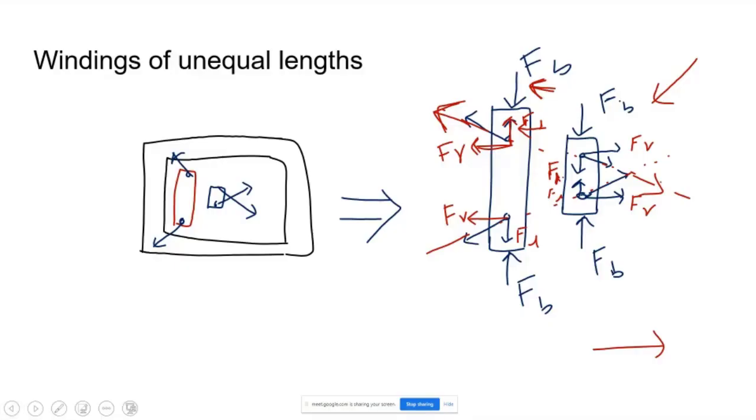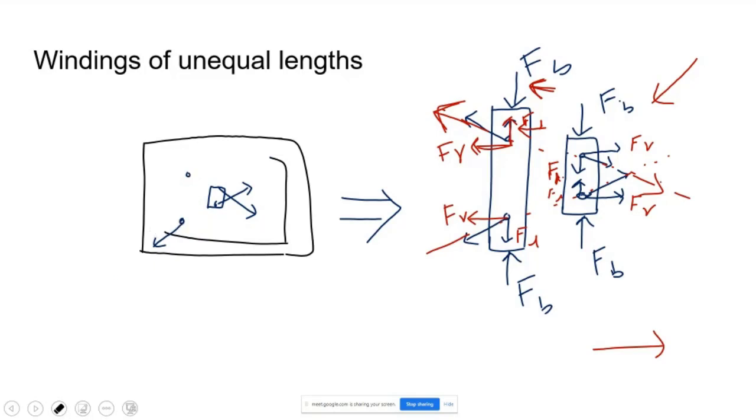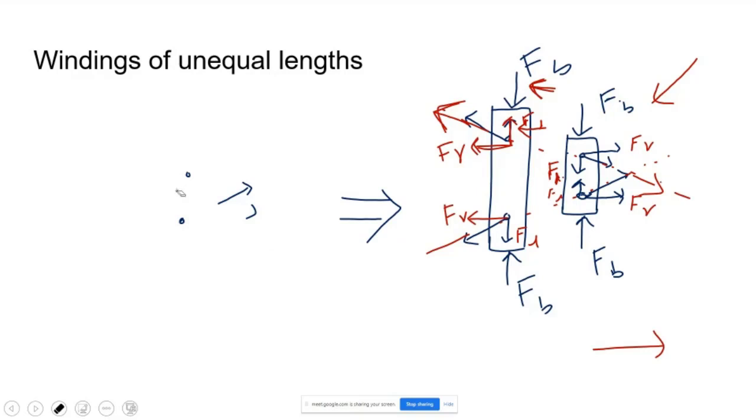Next, I'll give you this rather as an exercise for you. Now consider the windings like this.